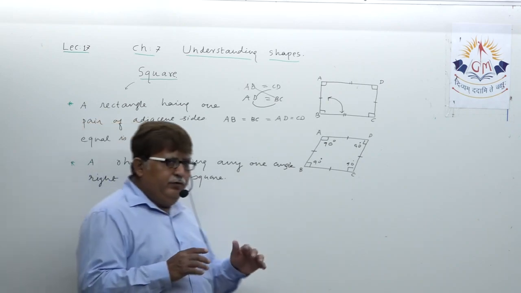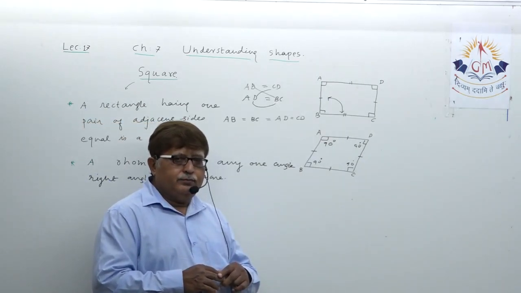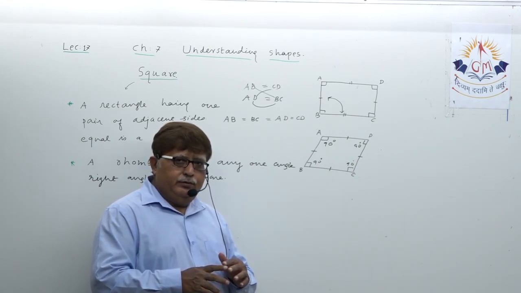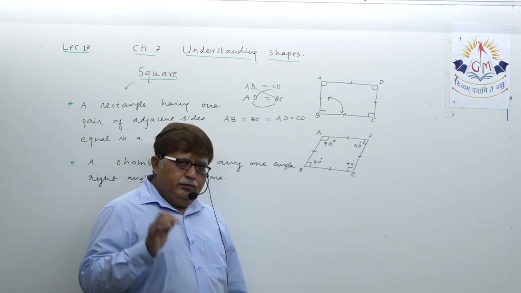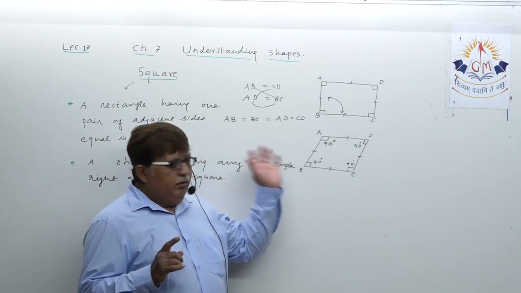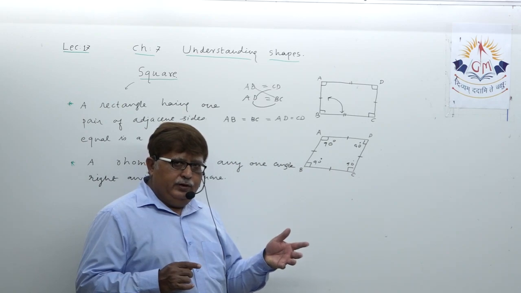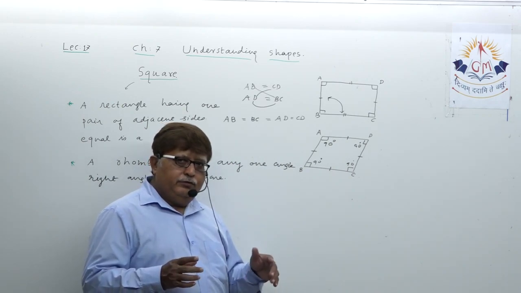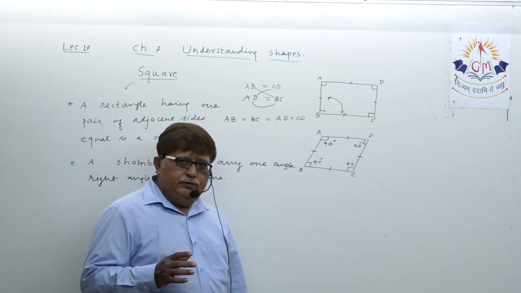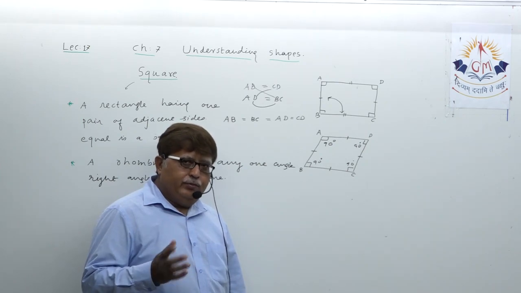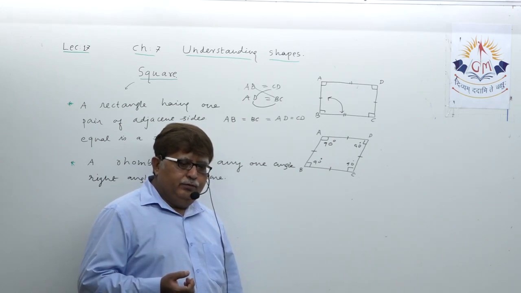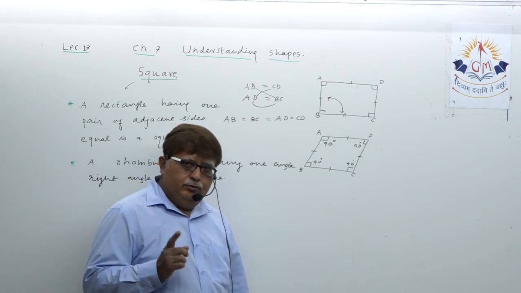So before we discuss one of the very important theorems of square, some of the properties of square we can list out: opposite sides are parallel, all sides are equal, all angles are right angle. At least three properties we can mention, and the rest of the properties we will prove through theorem.